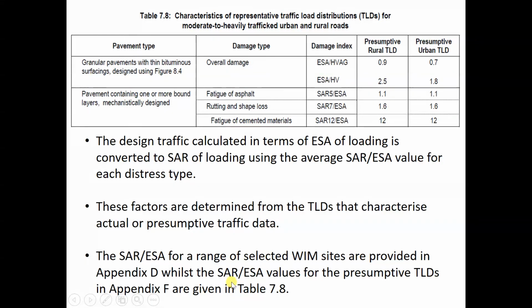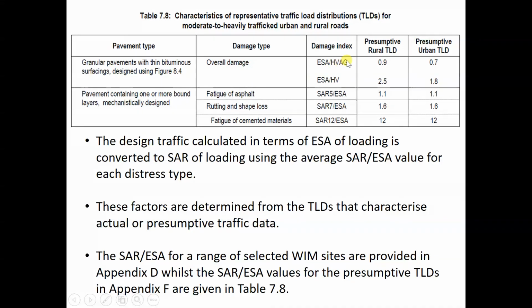So these are the conversions. Okay, if it's granular, the conversion, the ESA divided by HVAG, is 0.9 for rural. If it's for urban, it's 0.7.